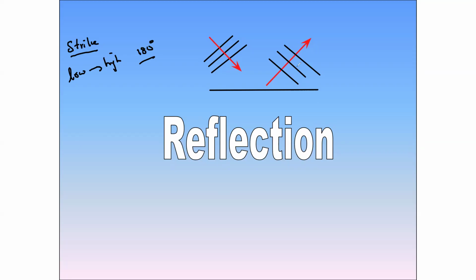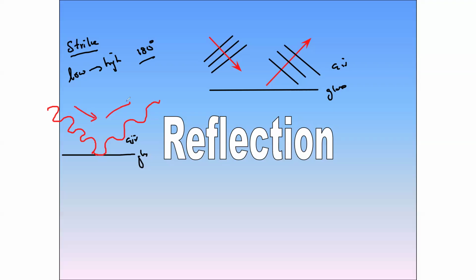For example, this is air and this is glass. So when light waves strike the air to glass boundary, say the crest strikes the surface. What will the reflected wave be? The reflected wave will start with a trough.